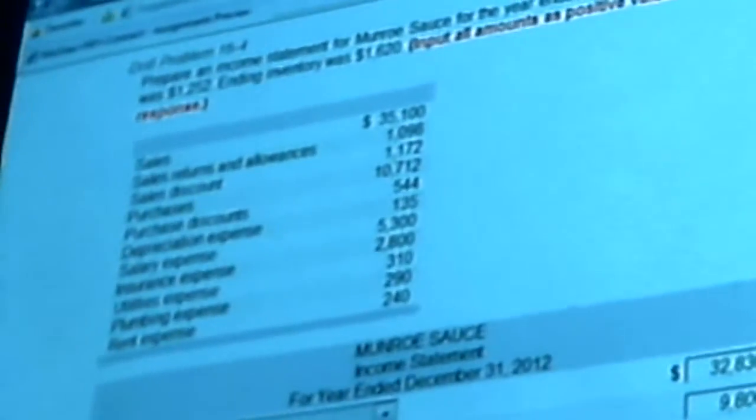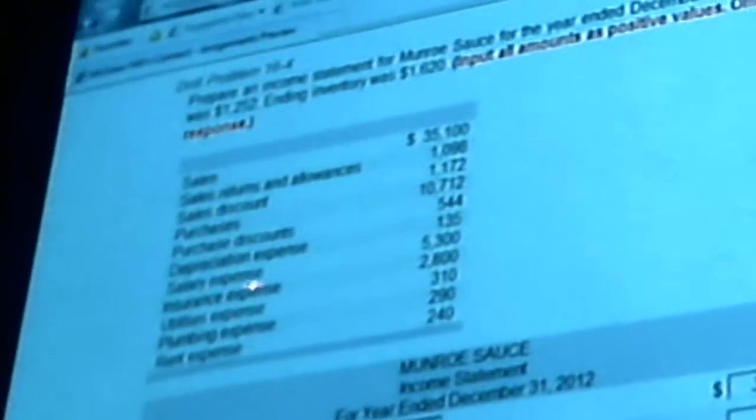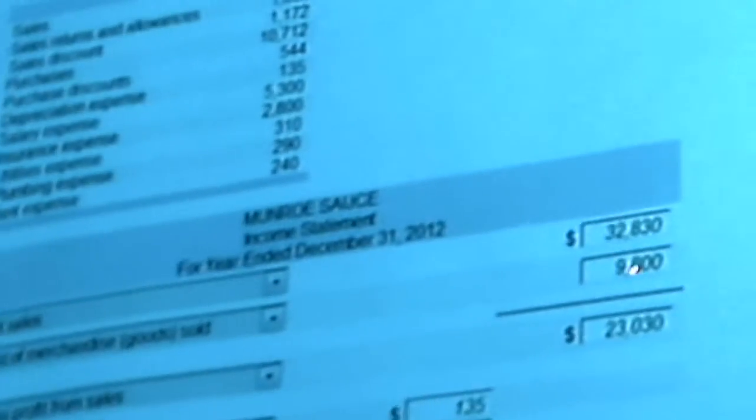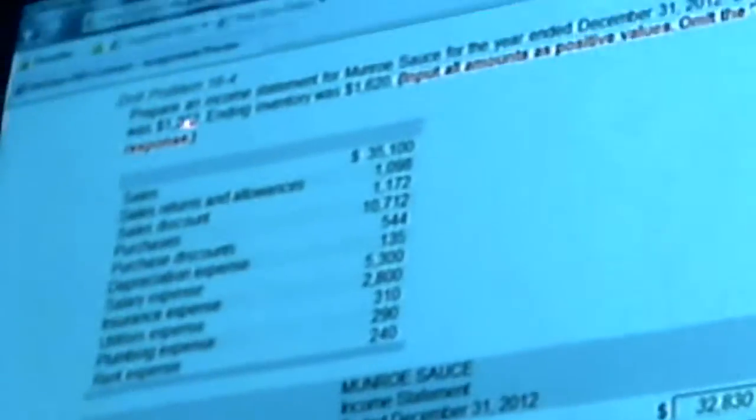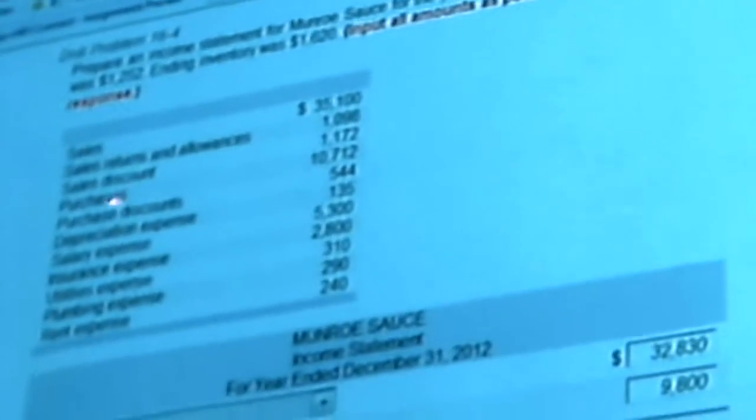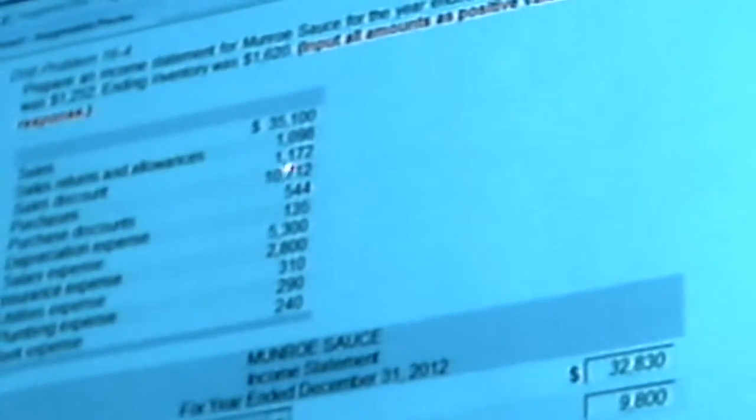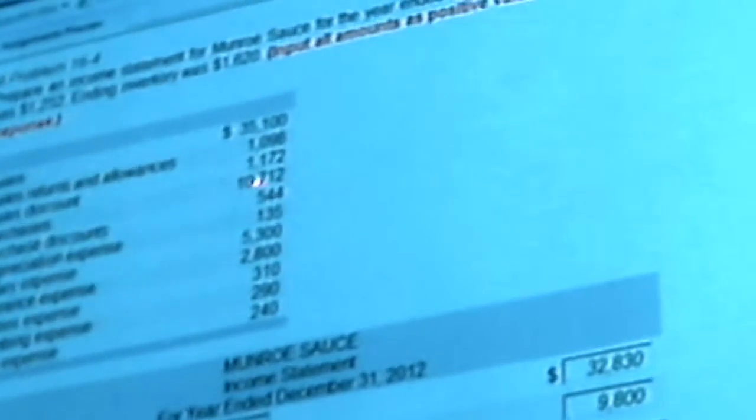Let's go through it on here. Here's cost of goods sold. How do we get this number? This is how we got it. Beginning inventory was $1252. We purchased, so we're going to add to 1252, $10,712. With me so far? I've added this number and this number.